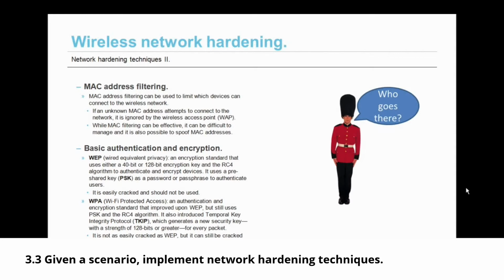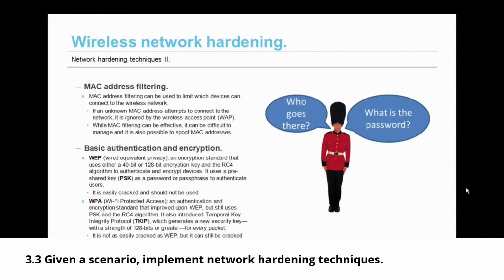So when it requests to join, the WAP checks its MAC filter, and if that MAC isn't in the filter, it just drops that requester. While MAC filtering can be effective, it can also be difficult to manage, and it is also possible to spoof MAC addresses. Which brings us to basic authentication and encryption for wireless networks.